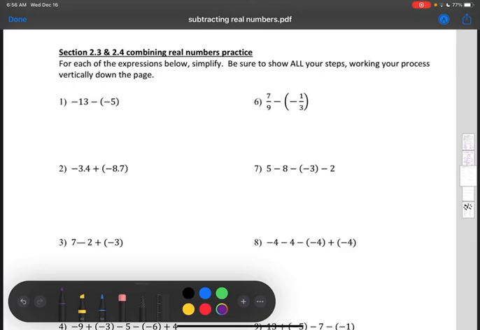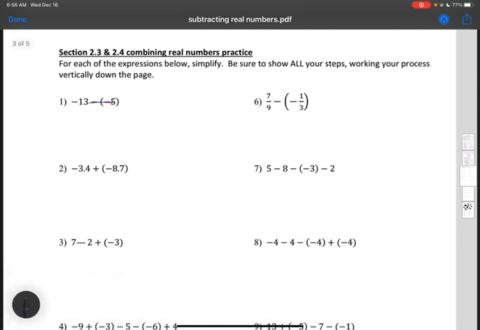Okay, so for number 1, a -13 minus a -5. That's a giant plus. So -13 plus 5 equals -8. Going down the page, -3.4 plus -8.7. So we have a -3.4. Going to make it even a bigger negative, right?